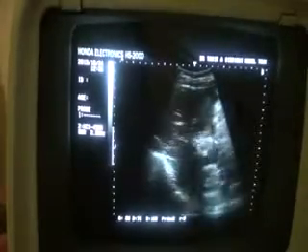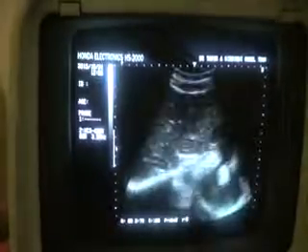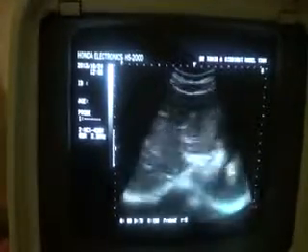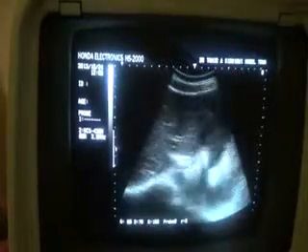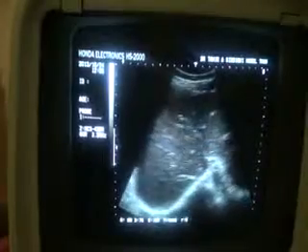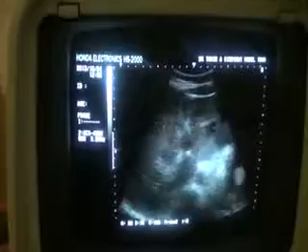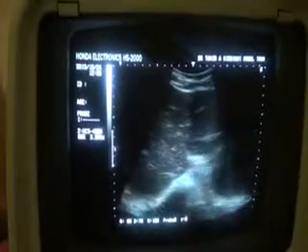Now this is the left lobe of the liver in transverse section, and here you can see that the minor portal vein radicals are unusually prominent.